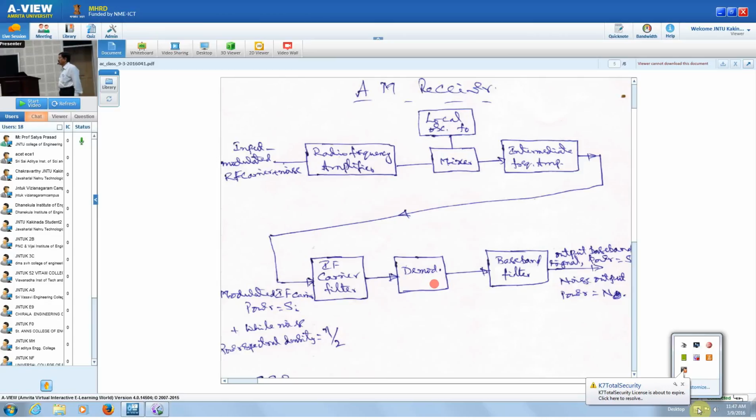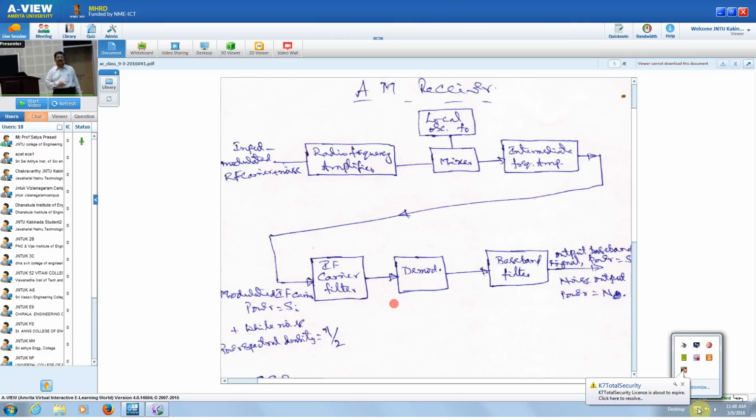In the case of AM and DSBSC, this will be 2FM, and this also will be FM only, because your band is only one side band. Okay, 0 to FM only. So the receiver circuit is going to be the same for our typical one.